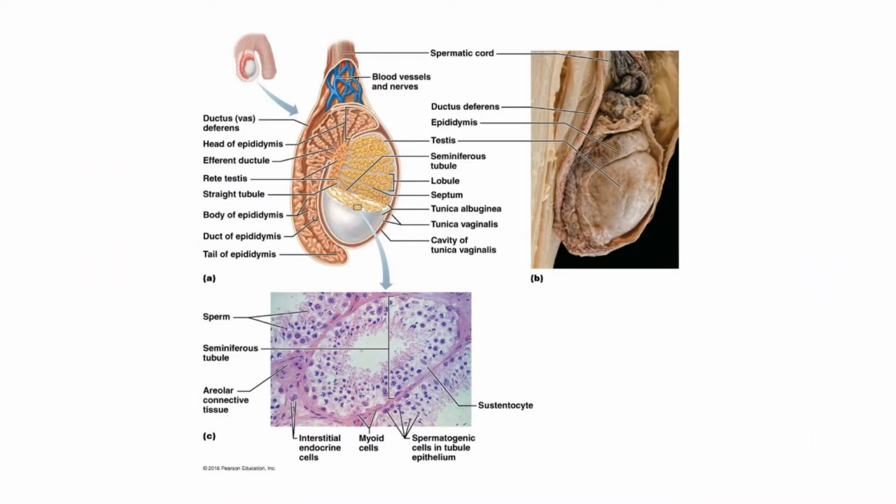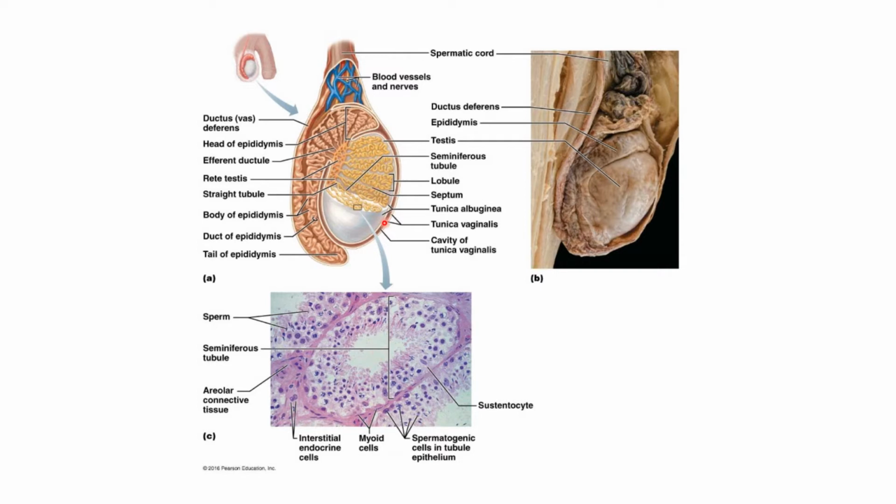In males, the sperm are produced within the testes, within those seminiferous tubules. If we zoom in on the seminiferous tubule and we look at it under the microscope, this is how the seminiferous tubule looks like. The sperm are going to be made, and they are actually going to be pushed into the lumen. The lumen is just the cavity.